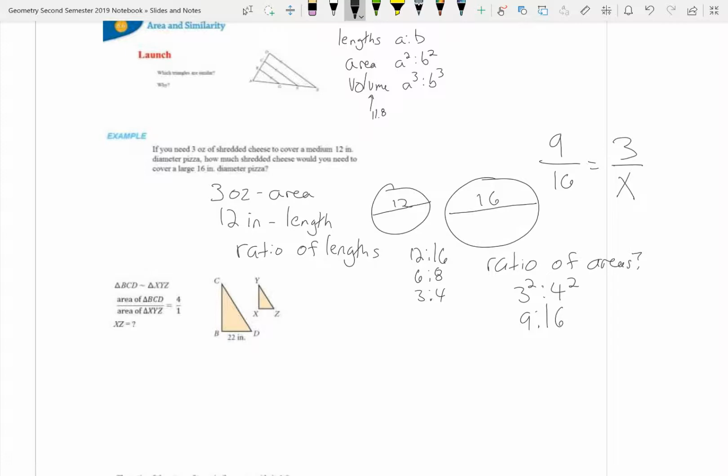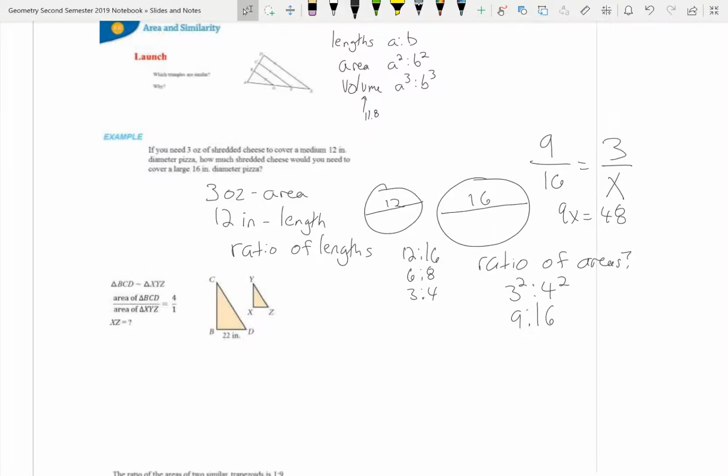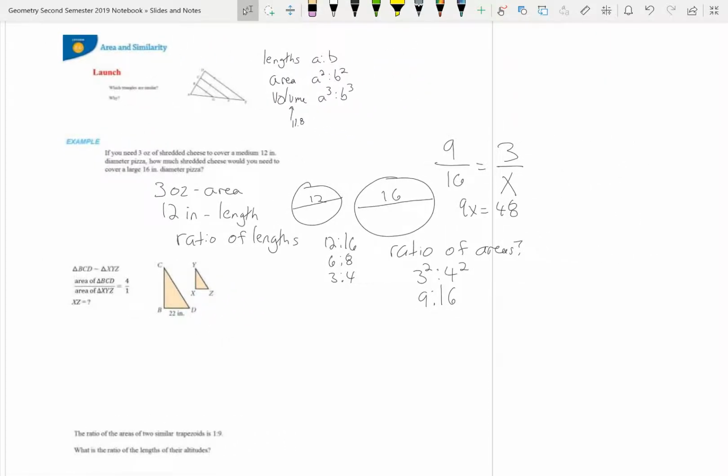You cross multiply and solve. So 9x equals 3 times 16, which is 48. Then divide 48 by 9. X is 48 divided by 9, which equals 5 1/3 ounces.